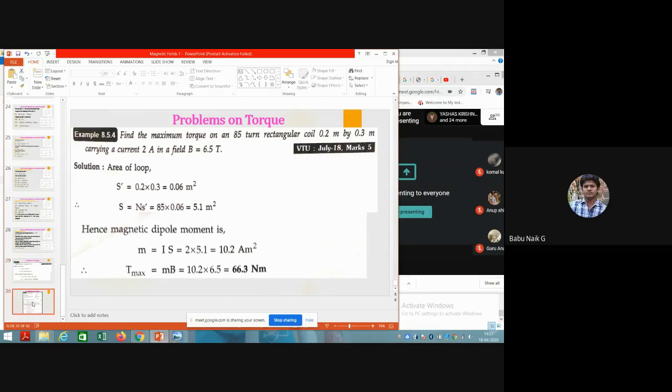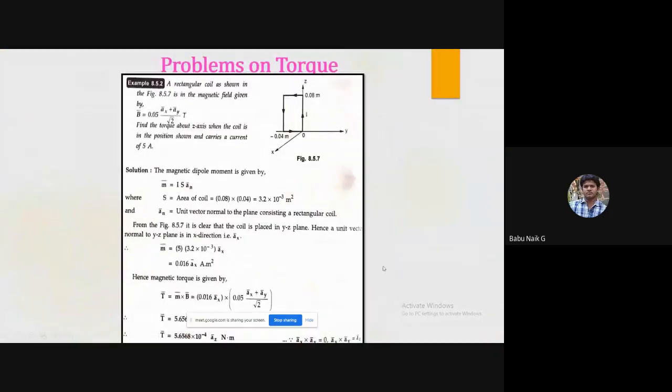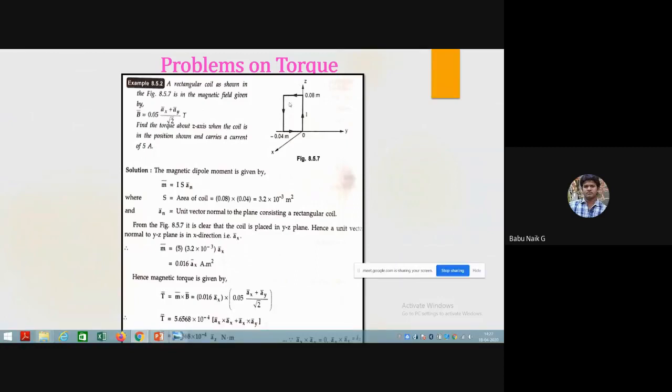Similarly, let us see one more small problem. The rectangular coil is as shown in the figure, in a magnetic field given by 0.05 times (a cap x plus a cap y) over root 2 Tesla.